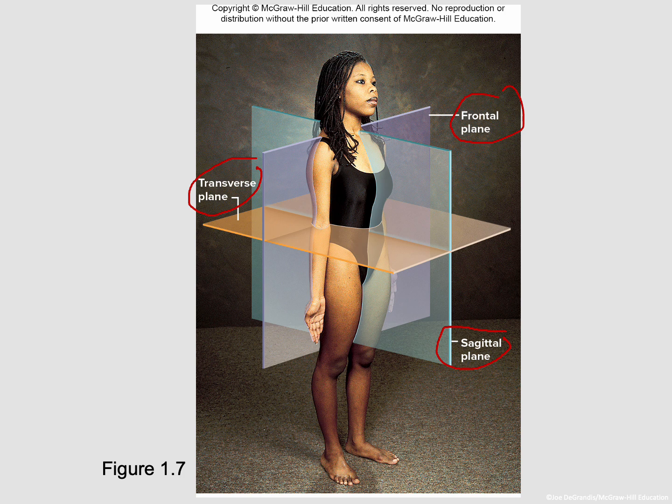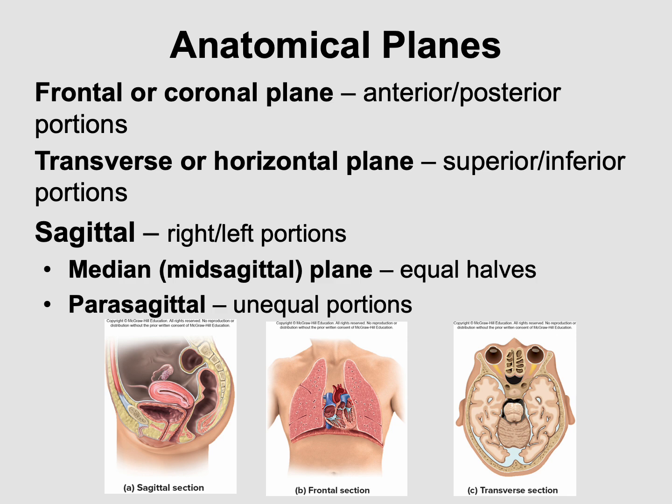All this information that I just talked about is found on the next slide. If we go to this one, we can look at examples of the frontal plane right here in picture B, dividing the lungs basically into anterior and posterior portions, and not just the lungs, the heart too. We can see it right here in this picture.